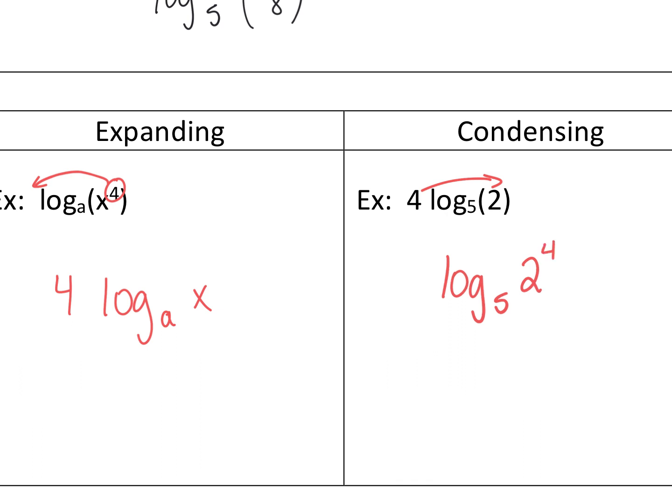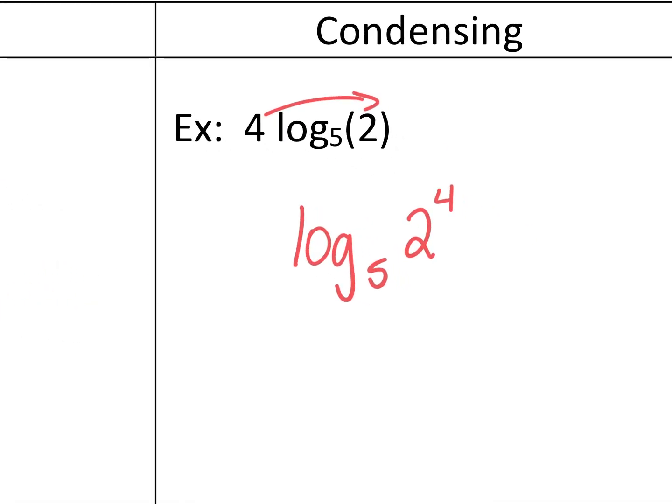The one thing about condensing though is if we can make it easier on ourselves, if we can simplify, we want to do that with condensing. So if there's any evaluating that can be done, like for instance right here, do I know what 2 to the 4th power is, or can I find it? Yeah, what is it? 16, okay?